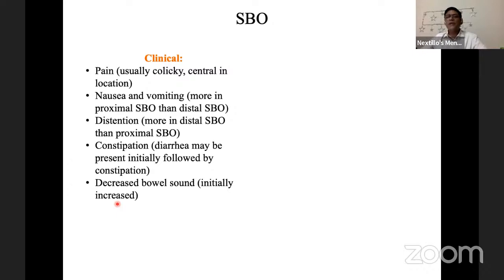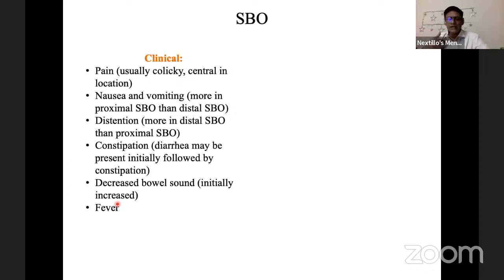Further on, the patient may also develop fever and features of sepsis. Now, for this also, what actually happens? Over time, as fluid accumulates inside the lumen of the bowel, ultimately the bowel wall is compressed, leading to decreased vascular supply, and the bowel wall may undergo necrosis, leading to translocation of bacteria from the intra-intestinal compartment to the extra-intestinal compartment, that is the peritoneal cavity, and ultimately sepsis precipitates.